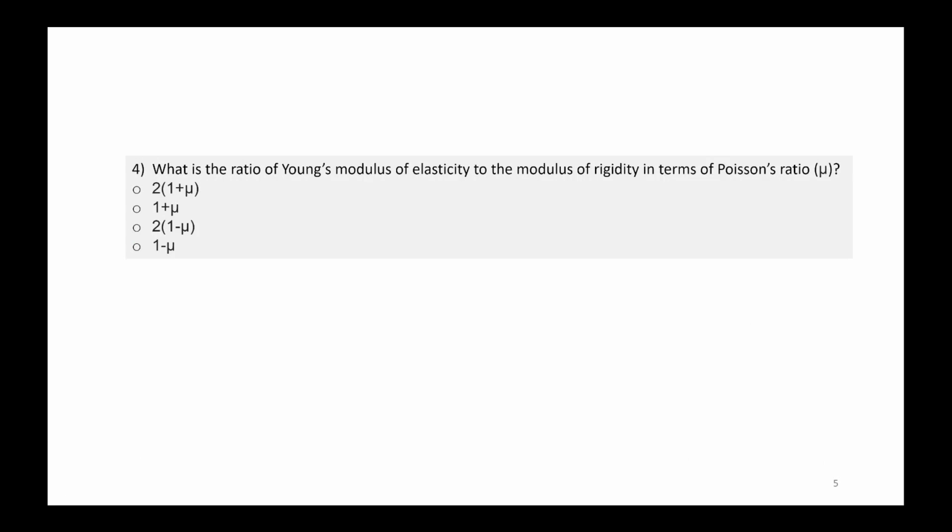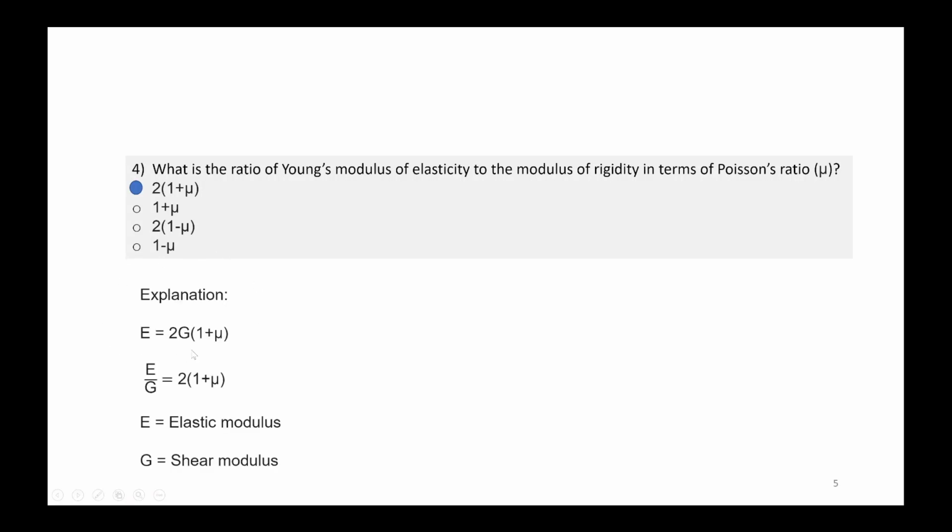Fourth question is, what is the ratio of Young's modulus of elasticity to the modulus of rigidity? Modulus of rigidity is G, the shear modulus, in terms of Poisson's ratio. Your options are 2 times 1 plus mu and 1 plus mu, 2 times 1 minus mu and 1 minus mu. Answer will be the first one.